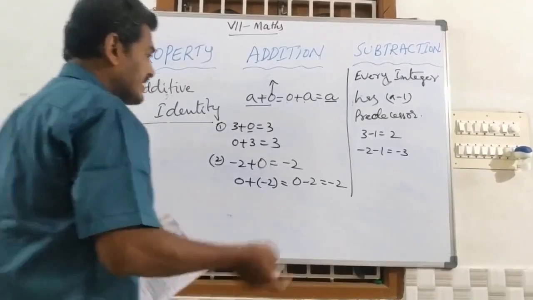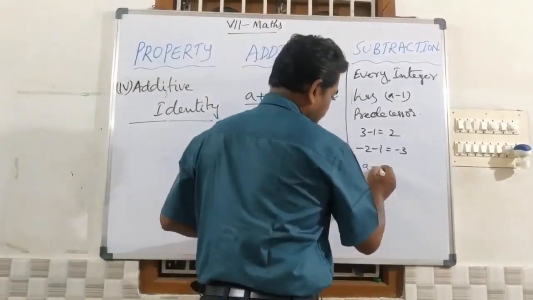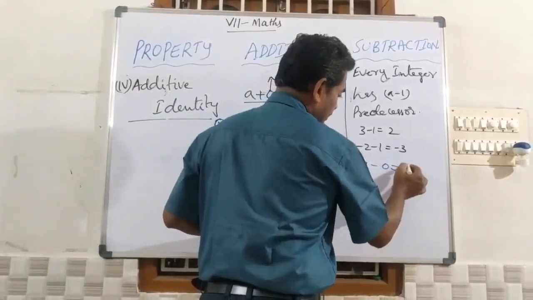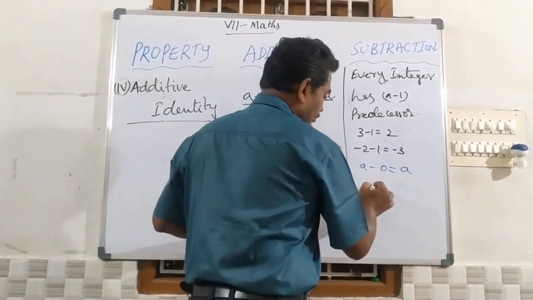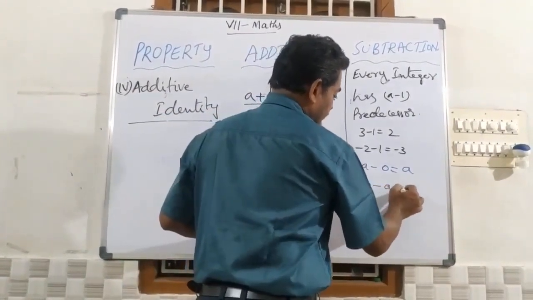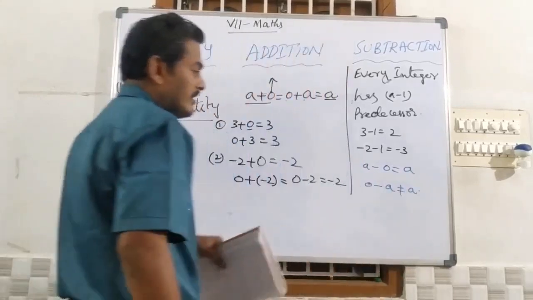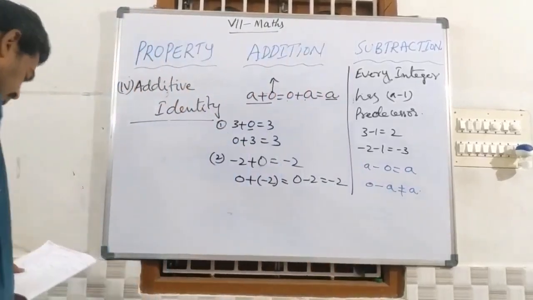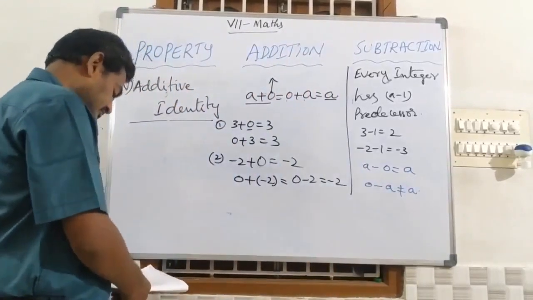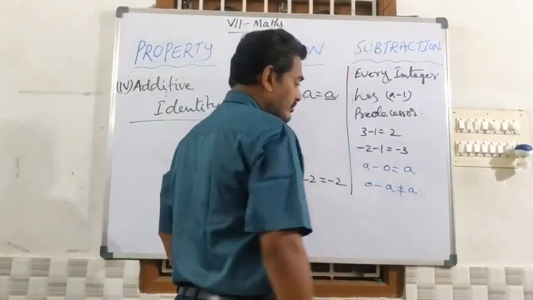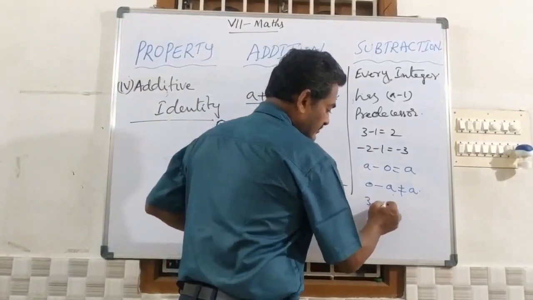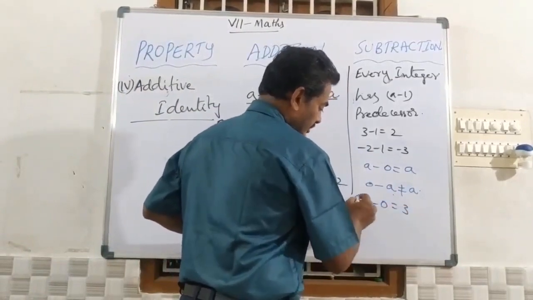Next, in subtraction, A minus 0 equal to A, but 0 minus A is not equal to A. For example, 3 minus 0 equal to 3.